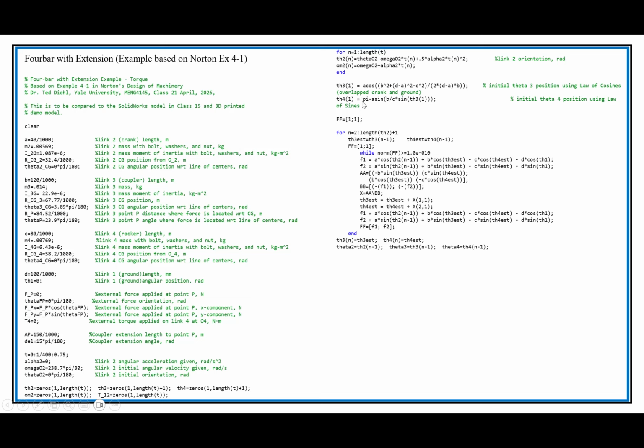So check those out. But I also noted pi minus the law of sines, because this law of sines gives us an interior angle, and theta 4 is an exterior angle.